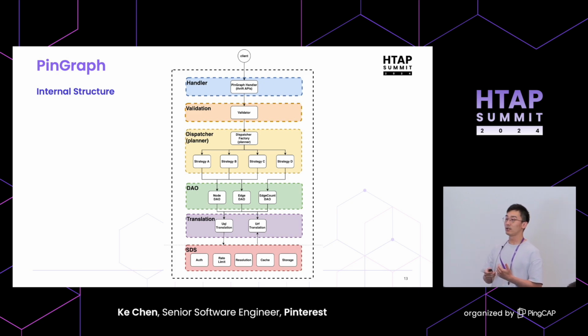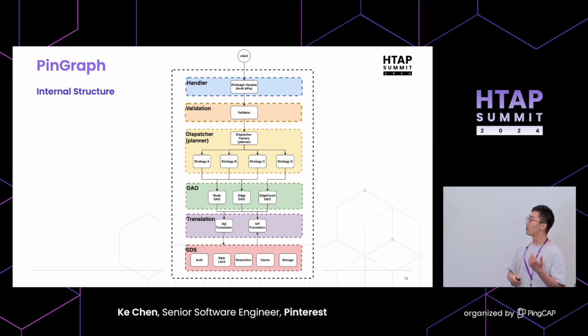In terms of the internal structure, this is how PinGraph handles requests, or the life cycle of requests. This slide is basically a zoom-in of the PinGraph front end we saw in the previous one. When zooming into the PinGraph front end, this shows how the request is handled.